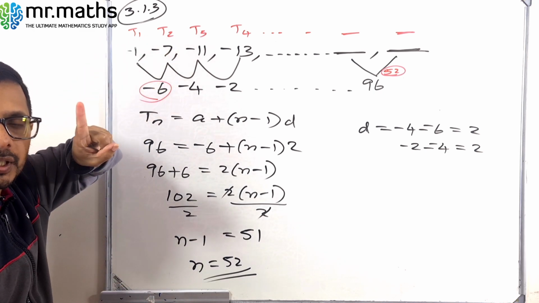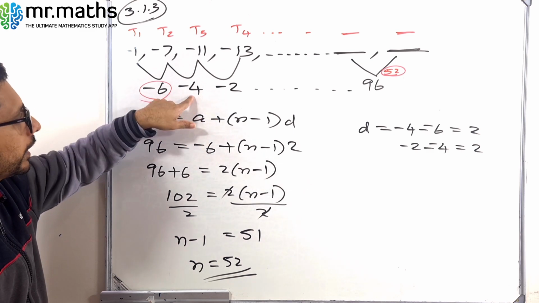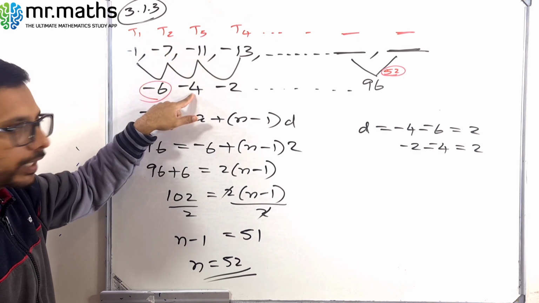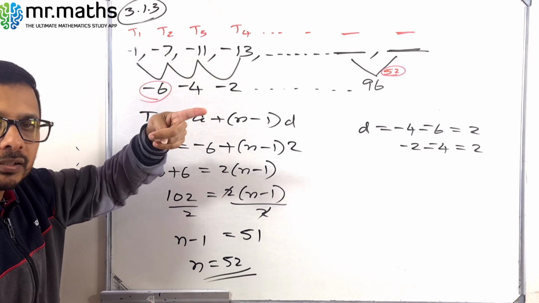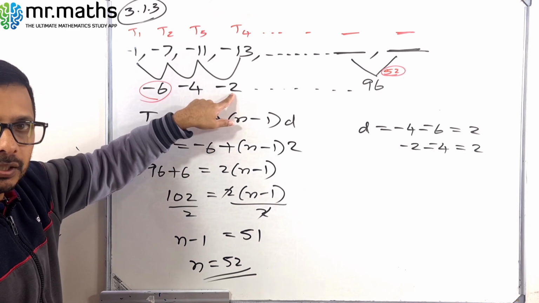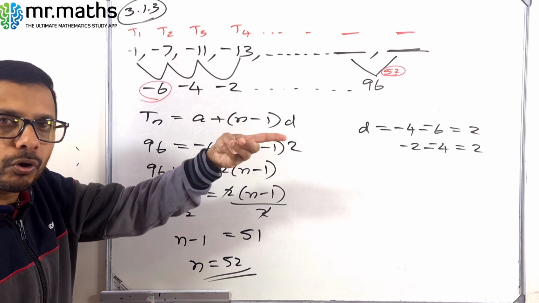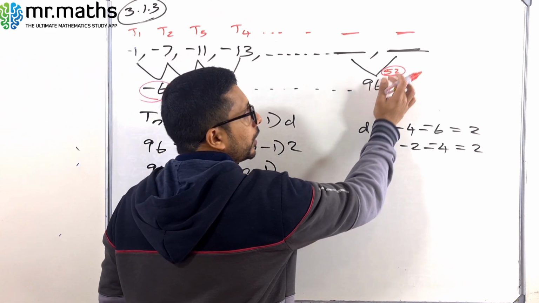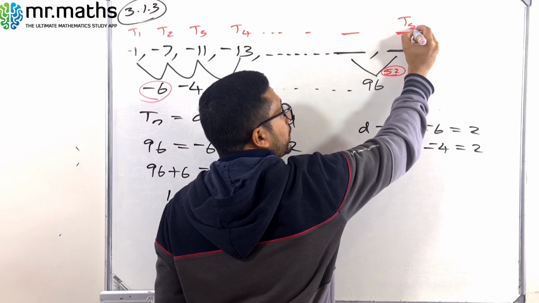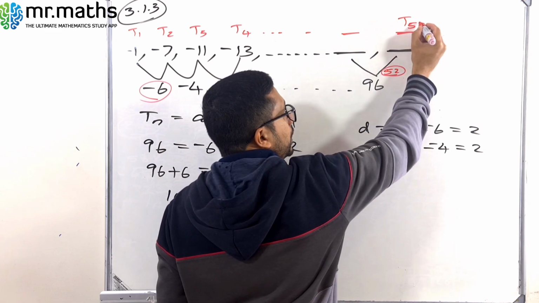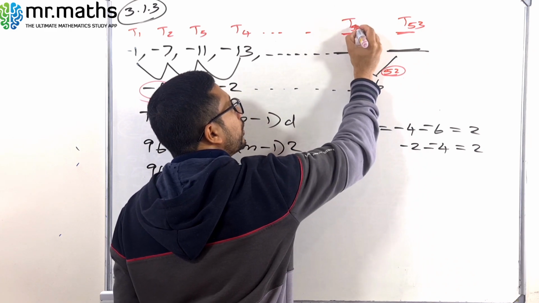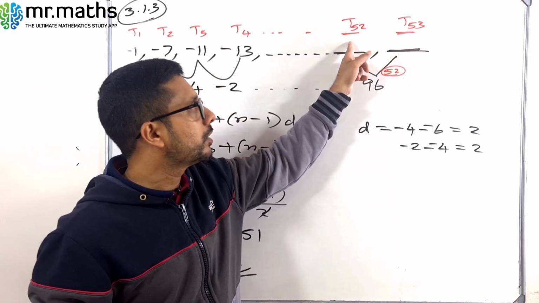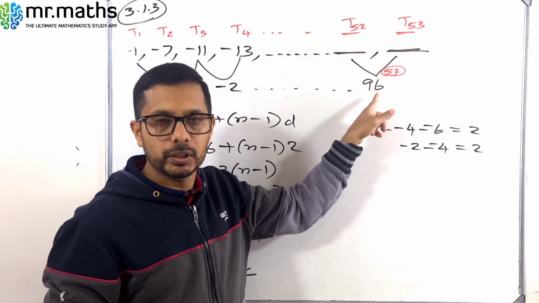Second difference, T3 minus T2. Third difference, T4 minus T3. Similarly, if you want to get the 52nd difference, you are supposed to subtract T53 minus T52. Do you understand? So T53 minus T52 is this 52nd term here.